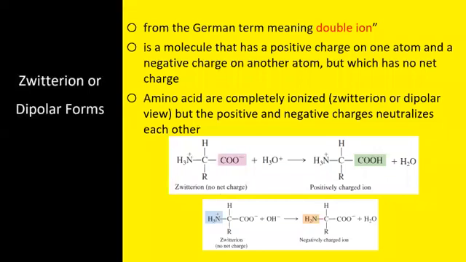Zwitter ions can change when the pH of a solution containing amino acid is changed from neutral either to acidic or basic, depending on the substance that we added to our molecule. For acidic, it can be changed by adding hydrochloric acid, but it will turn basic if we add sodium hydroxide.